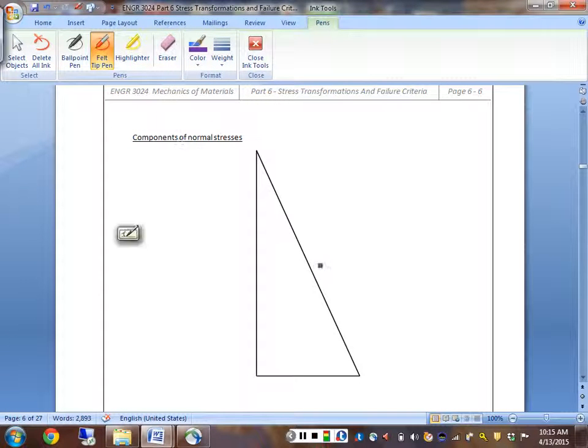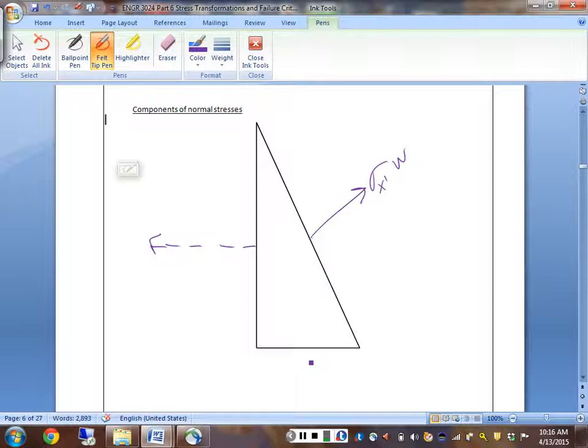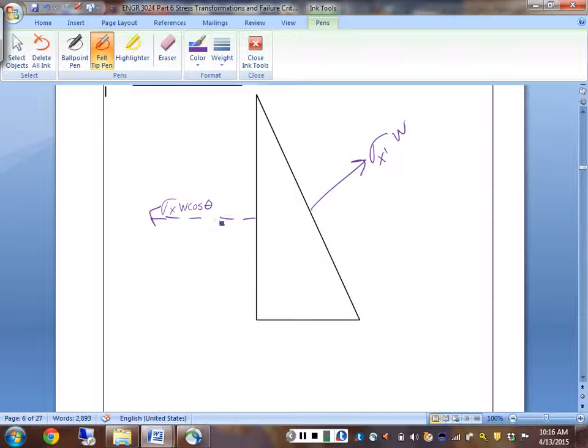So right now we have this guy that is in the correct direction. And we have this guy that is how big? He is sigma x W cos theta, right? That's the original. I'm putting him in dots because this is the one that we have to figure out the components of.